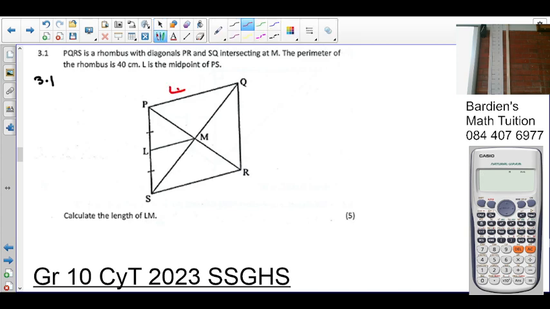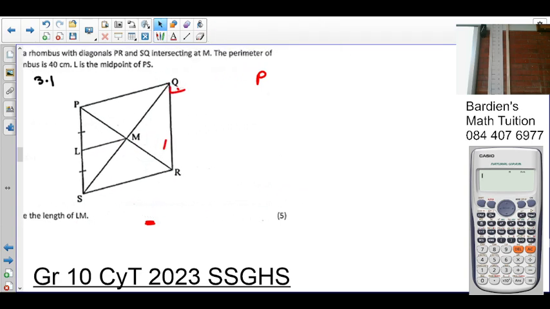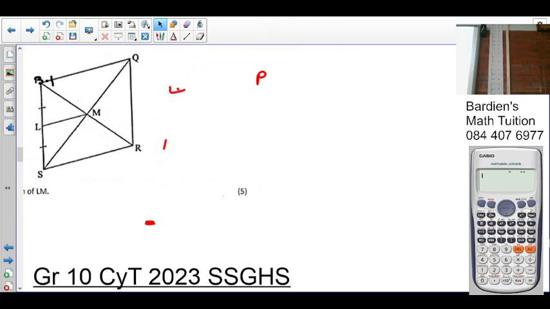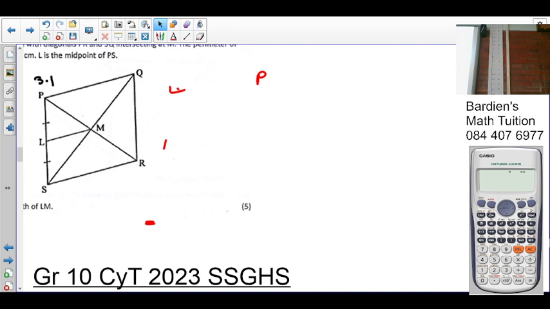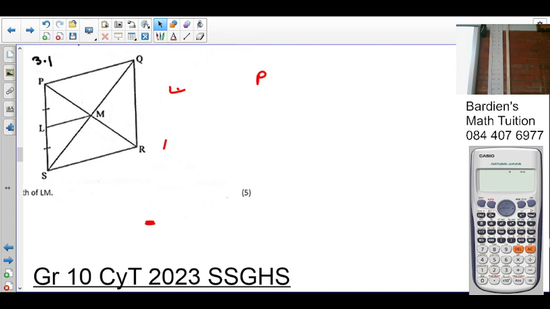The perimeter of the rhombus is 40. So the perimeter is going to be 40, people. If the perimeter is 40, they ask you to calculate LM. So if the perimeter is 40, what do we know? All sides are equal.